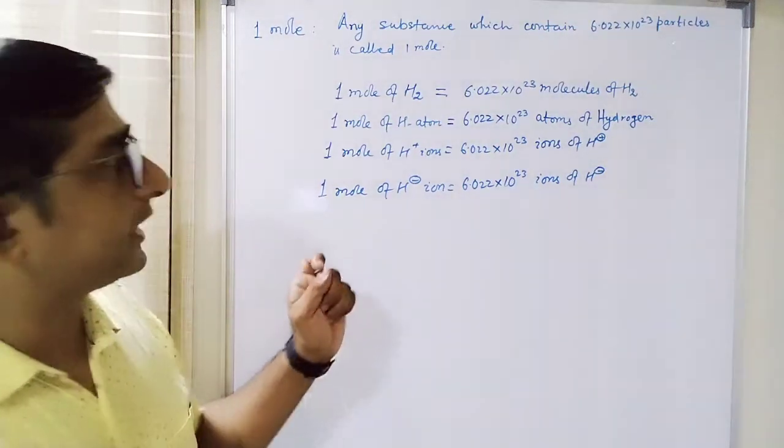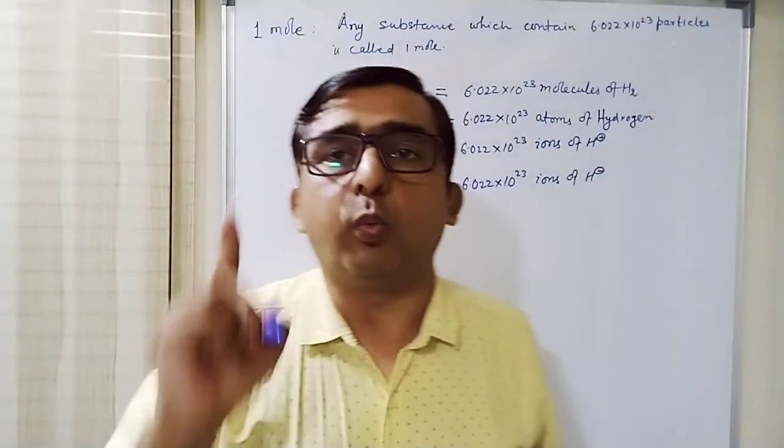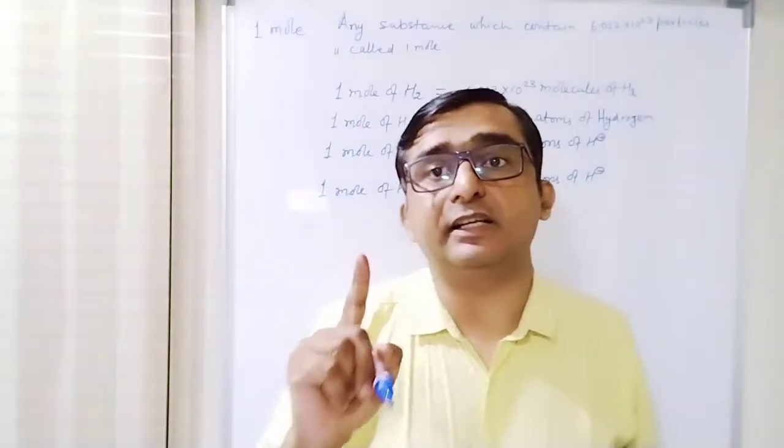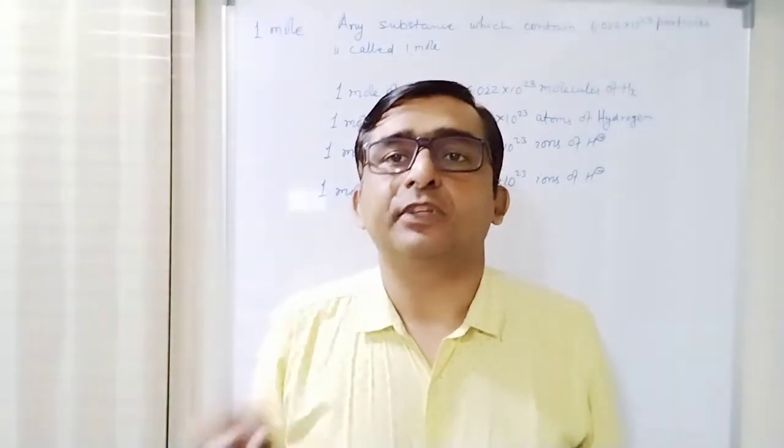So it does not matter whether it is positively charged, negatively charged, or whatever it is. 1 mole of any substance will contain exactly 6.022 into 10 raised to 23 atoms, molecules, or ions. This is called 1 mole.